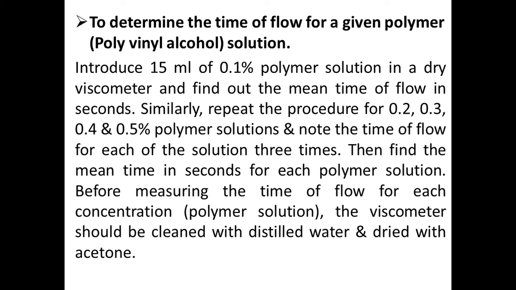Similarly, repeat the procedure for 0.2%, 0.3%, 0.4% and 0.5% polymer solution and note the time of flow for each solution 3 times. Then find out the mean time in seconds for each polymer solution. Before measuring the time of flow for each concentration, the viscometer should be cleaned with distilled water and dried with acetone.